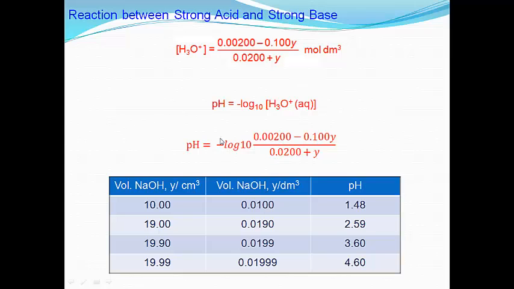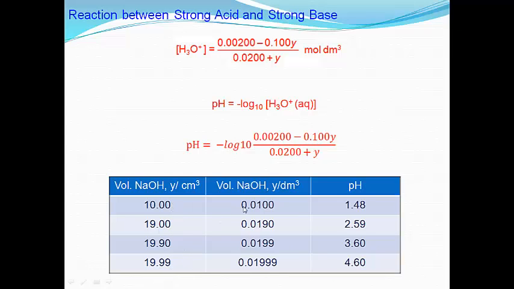And so we can easily find the pH, which is minus log to the base 10 of the concentration of H3O plus.